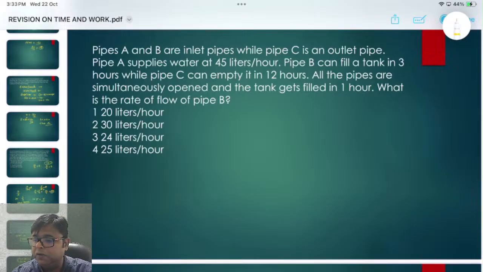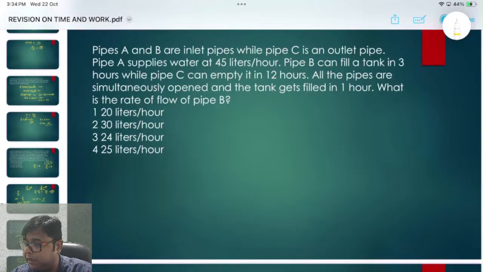Okay, so let's understand. They're saying pipes A and B are inlet pipes and pipe C is an outlet pipe. Pipe A supplies water at 25 liters per hour. So let's say the capacity, this we already know is 45. Pipe B can fill the tank in 3 hours.